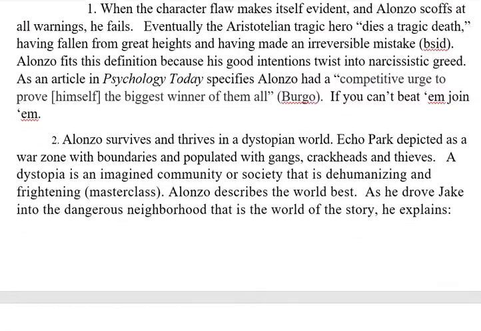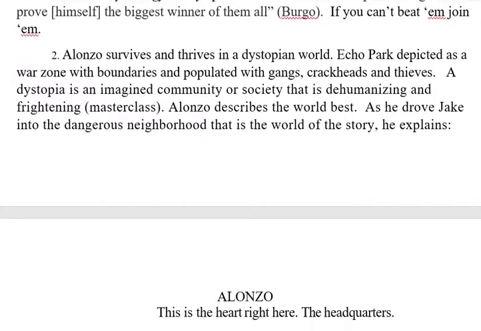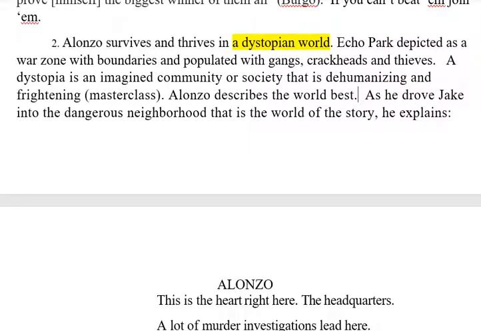Okay, so what was the topic sentence of that paragraph? That's right. Dystopian world. Every sentence in this paragraph should in some way define and prove that the world of the story is dystopic. Okay?